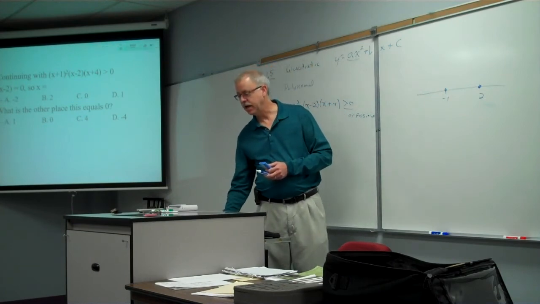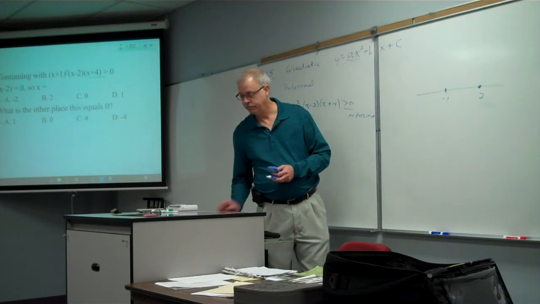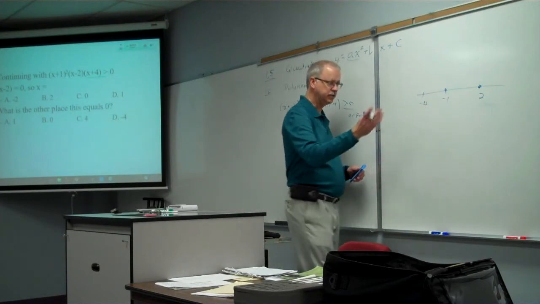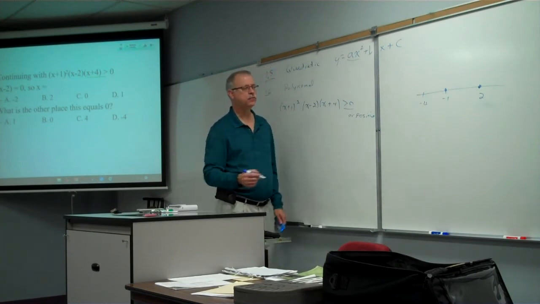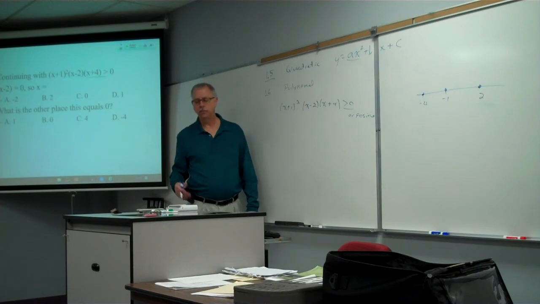It will also be 0 where the last factor, x plus 4, is 0. That happens when x is negative 4. So since they gave this to us in factored form, we can figure out the three places this polynomial is 0.